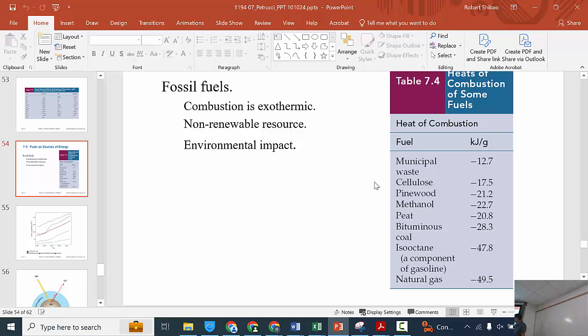Isooctane, a component of gasoline, coal. No, coal can burn very clean. All these can burn very clean. It's just that with natural gas you don't need a scrubber, but for coal you would need a scrubber, because there's sulfur in coal. When you burn sulfur, it forms sulfur oxides, which leads to acid rain. But have you heard much about acid rain? People aren't complaining about acid rain.